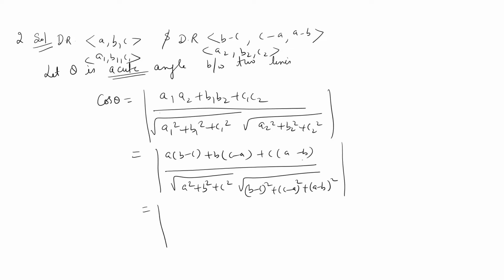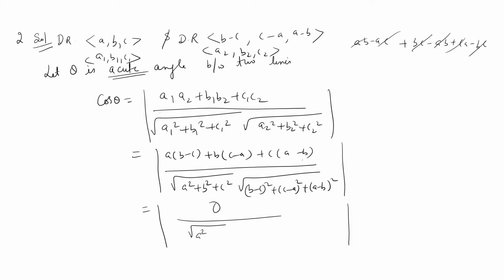If you check the numerator, you will find that it turns out to be 0. It is ab minus ac plus bc minus ab plus ca minus bc, so everything gets cancelled and we get 0 in the numerator.